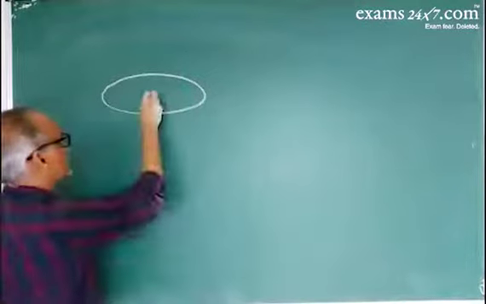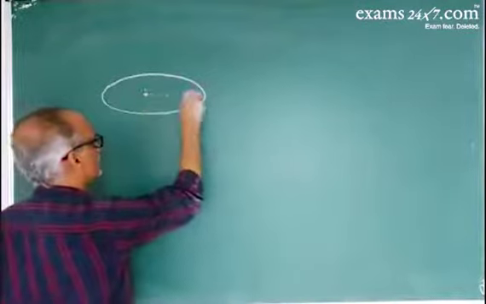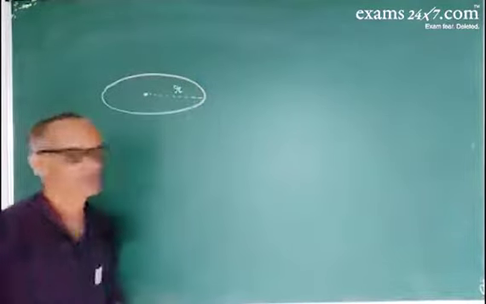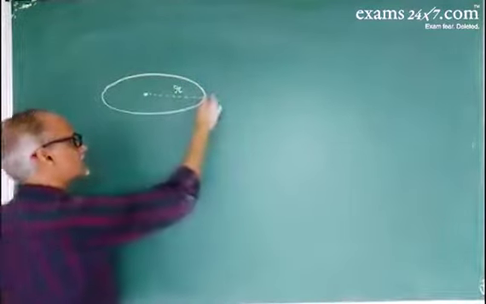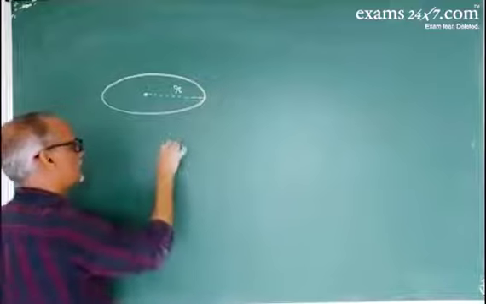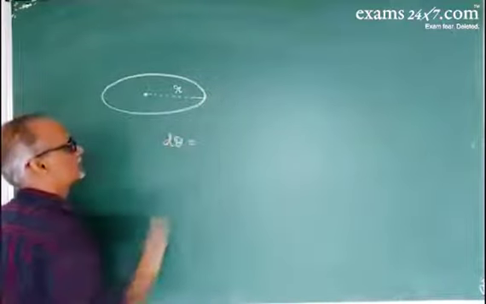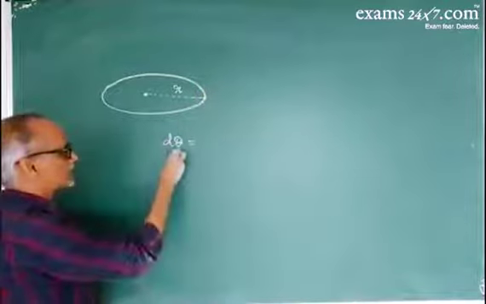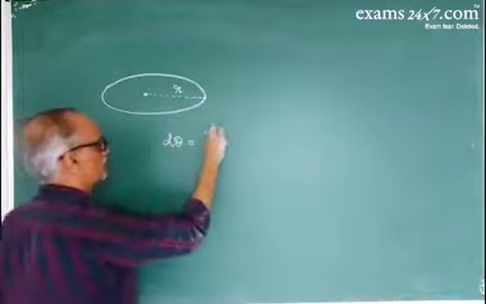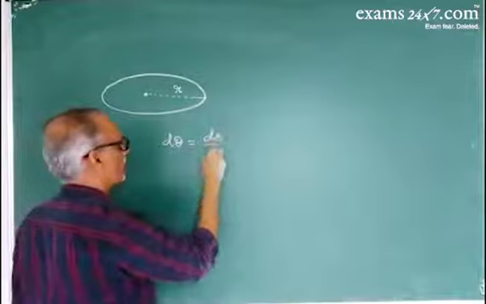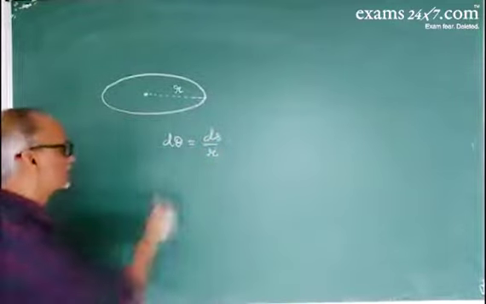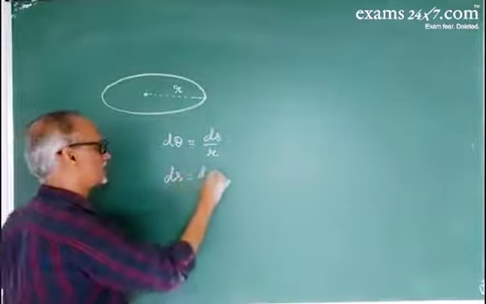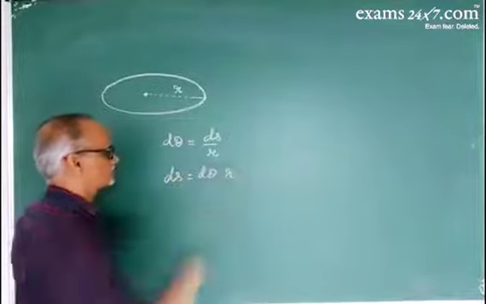Let r be the radius of the circular path. When the particle describes a very small angle, d theta, on the circumference, d theta is equal to ds by r. Or we can write it like this: ds is equal to d theta into r.